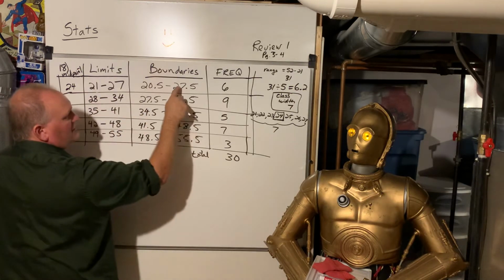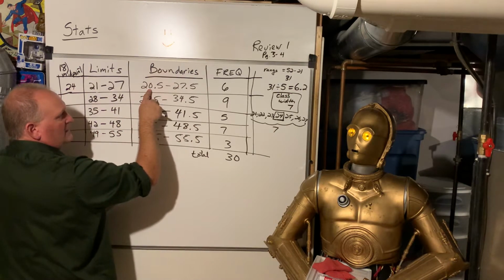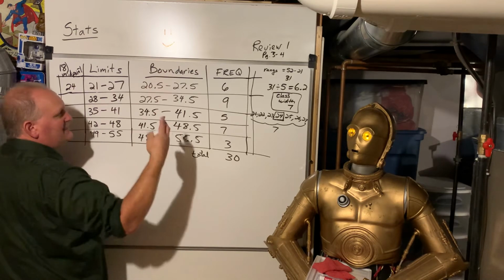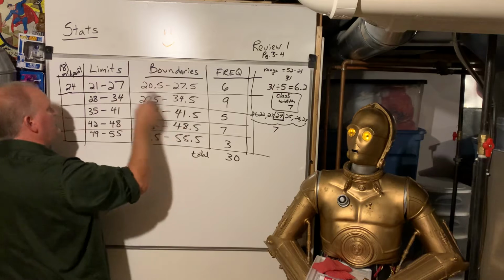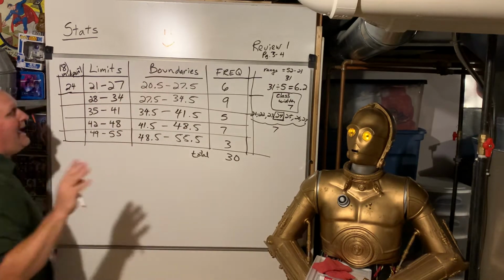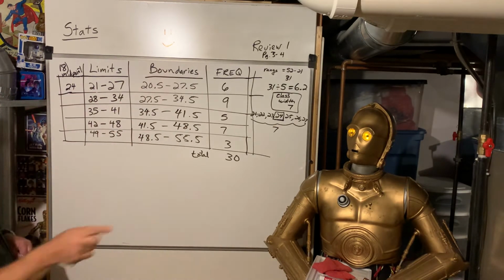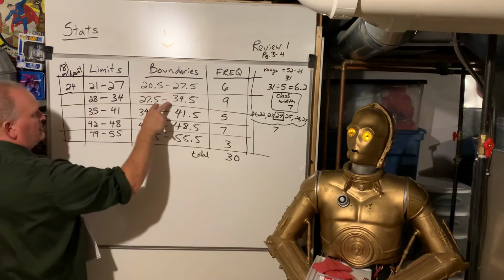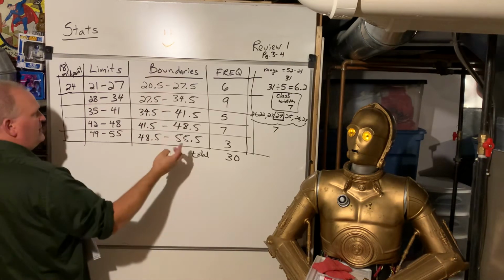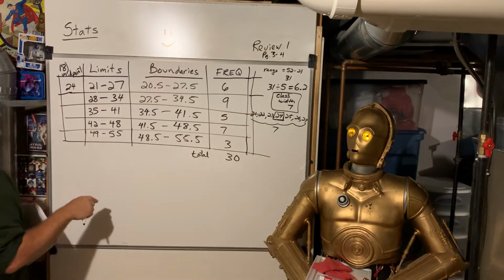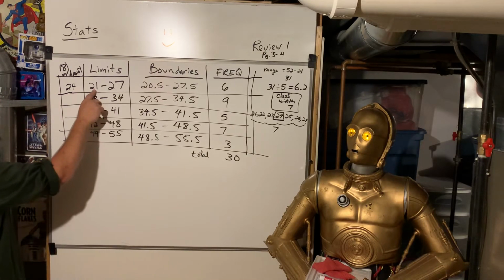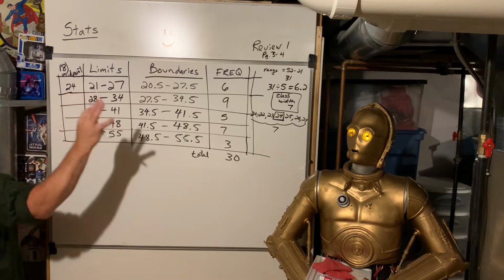Another way to do it is you can add these together and get 48 and then divide that by 2. So if you add the boundaries together and divide by 2, that will also get you the midpoint. After you find one midpoint, again, you don't have to keep doing it. You could add them together and divide by 2, add them together, divide by 2. Or, write them out and find the exact middle. But now you can just use arithmetic and say, look, 21 to 24 is 3 away.